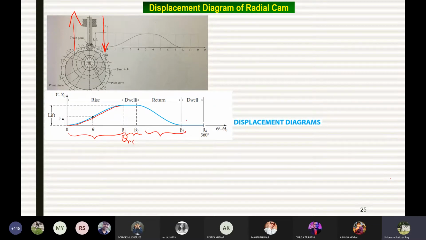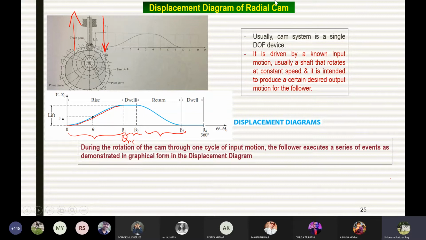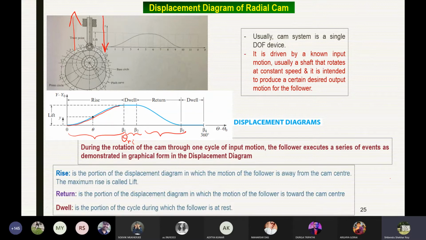And how it will return, how it will rise, that particular mathematical modeling we would like to do now. By definition, as you know, rise is the portion of the displacement diagram in which the motion of the follower is away from the cam center.